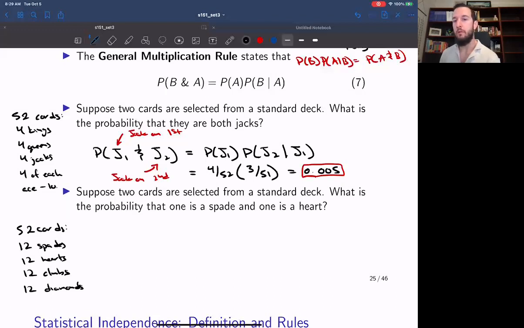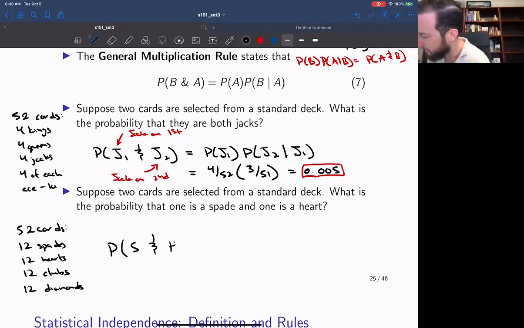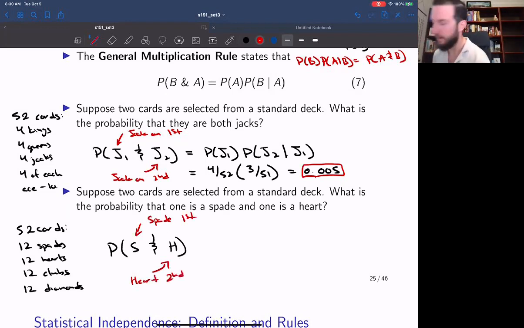What is the probability that one is a spade and one is a heart? All right, so we want probability spade and probability heart. Okay, so this is, let's say, spade first, heart second. Oh yeah, you're right, 13. Sorry, thank you.